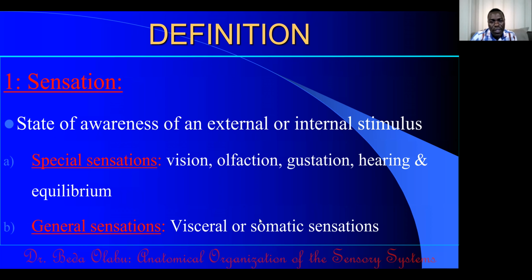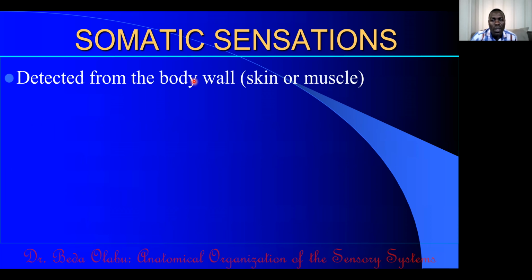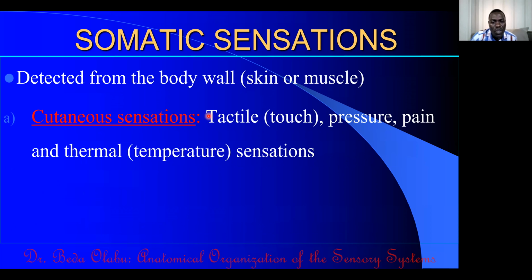Somatic sensations are sensations which are detected from the body wall. They can either be detected from the skin or from muscles. If you detect them from skin, then you call them cutaneous sensations.